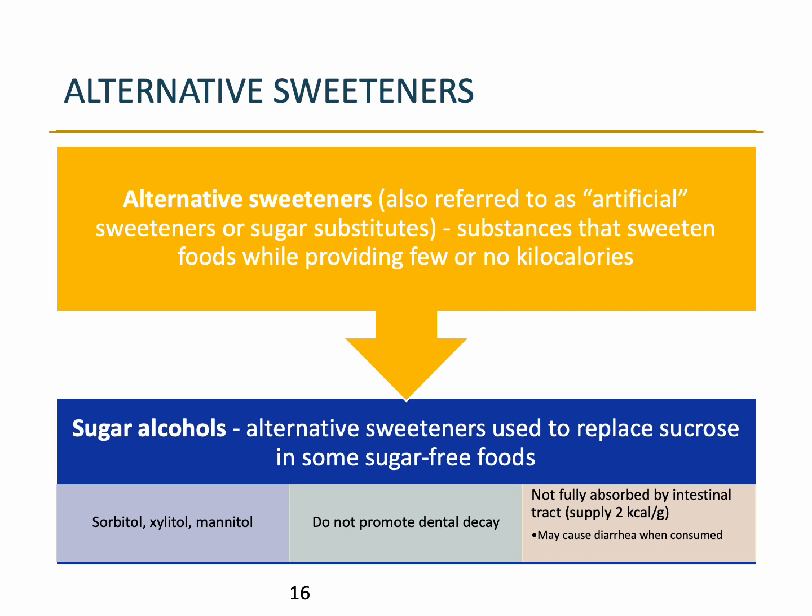For instance, now you'll see almost every gum out there has one of these alcohol sweeteners in them just to help reduce tooth decay. They have a little bit of calories, but they're not really fully absorbed by the intestinal tract.